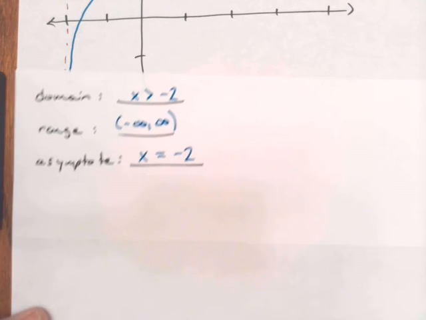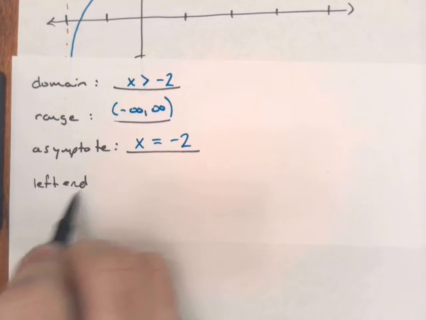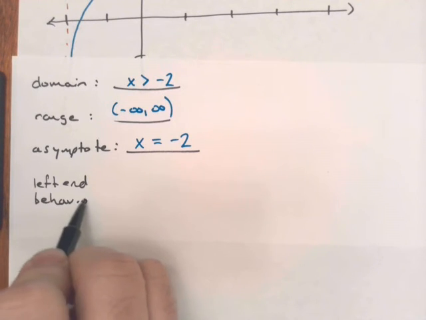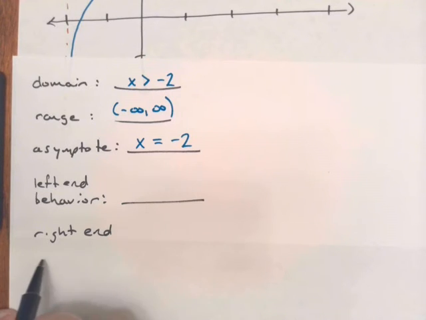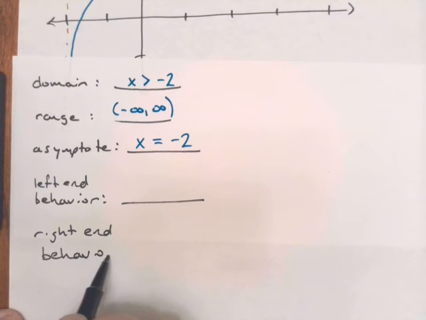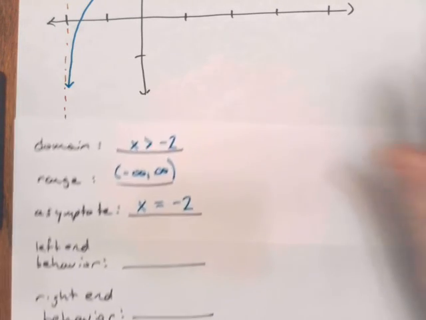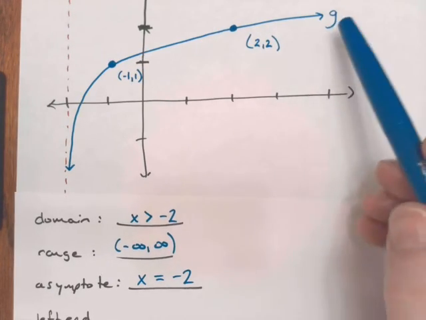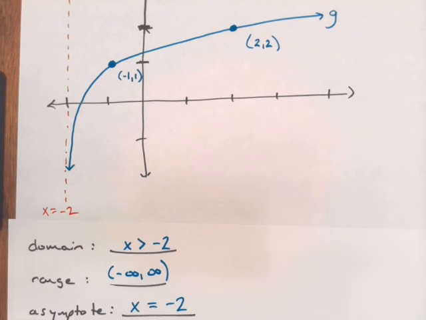So the range is going to be all real numbers on every single problem. From there, we need to go through and determine the end behaviors. So for our left end, when you go over to the left as far as you can go, we're getting really close to the asymptote, which has an x-coordinate of -2, or x equals -2 for that vertical line.